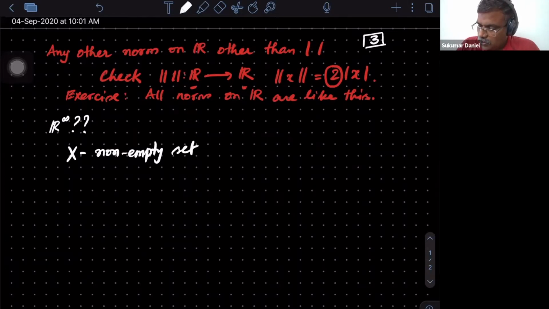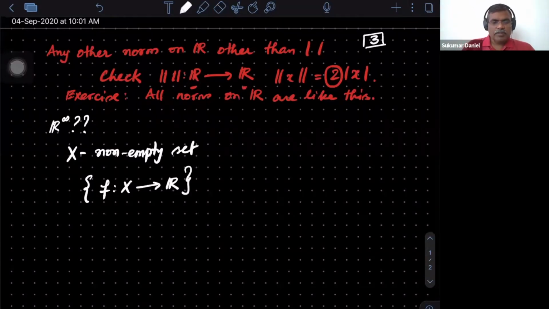Now I want to consider the following, that is all functions which are going from x to R. These are all functions, so I want to call them with some name. These are all functions where it is starting at x and ending at R.